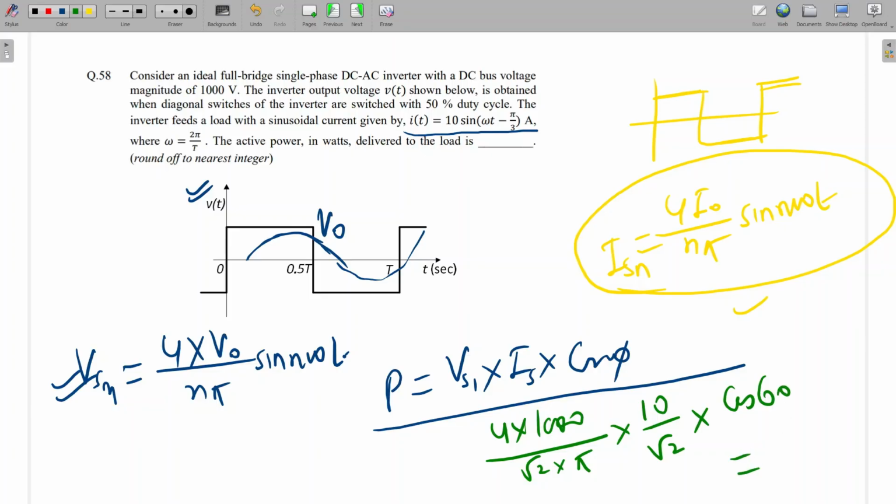Then you can solve this: 4000 by root 2 pi, into 10 by root 2, into cos 60. So 3183 watt.